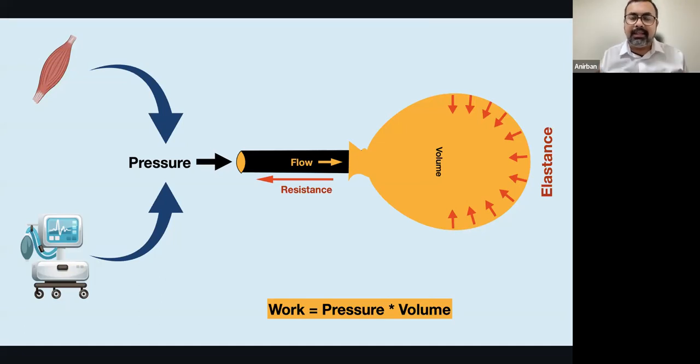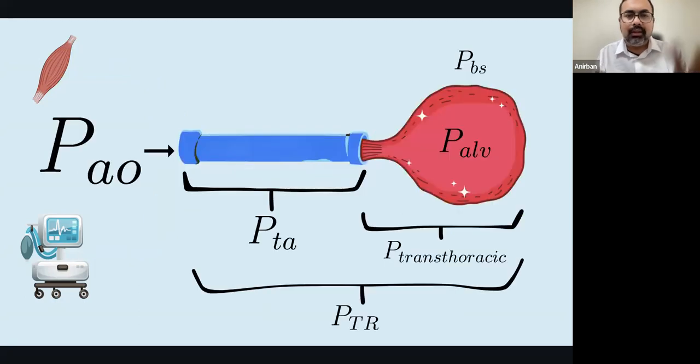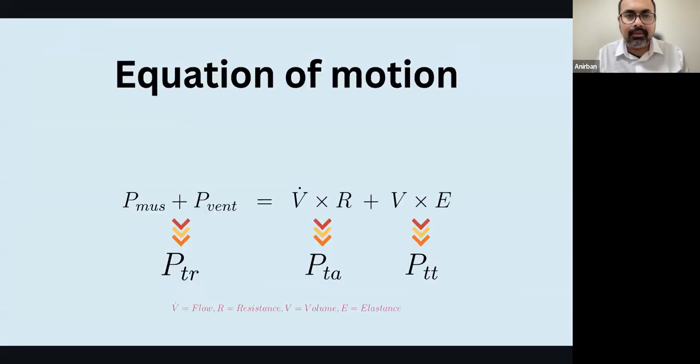So in the simplistic sense of things, so far we have understood that the ventilator ventilates the lung by generating pressure, which initiates a flow, and this flow goes in and increases the volume of the lungs.